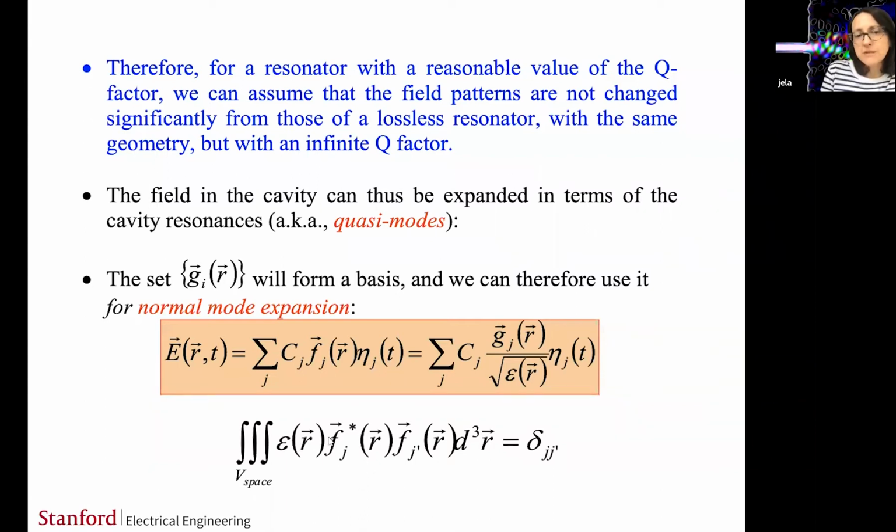So you basically start from spatial field profiles that are normalized to 1 with an extra factor of epsilon, but then they're orthogonal to each other if you look at modes at different frequencies. And the reason why this comes up is because the operator for electric field, when you have variation of the electric constant, is non-Hermitian.